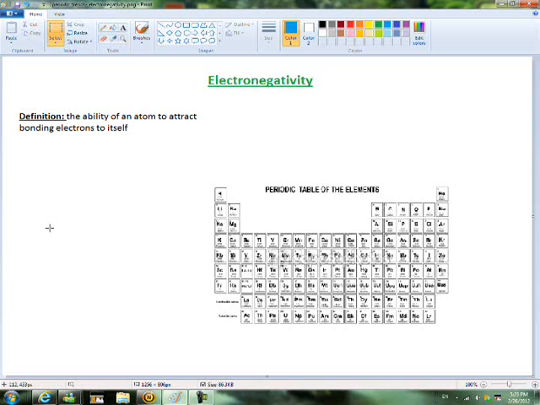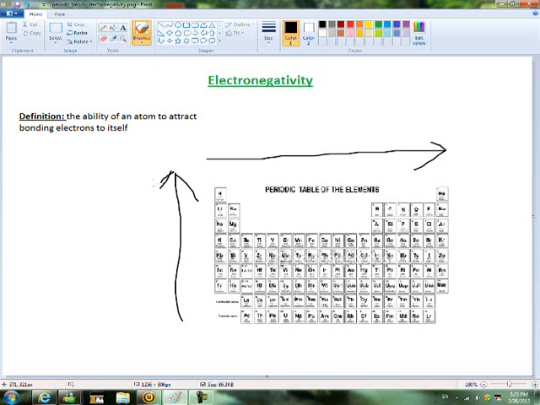Now let's talk about electronegativity. Electronegativity can be defined as the ability of an atom to attract bonding electrons to itself. I'm not really going to go too much into this, but basically on the periodic table, as you go to the right, it will increase, and as you go up, it will increase as well.